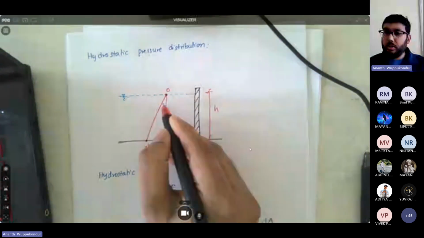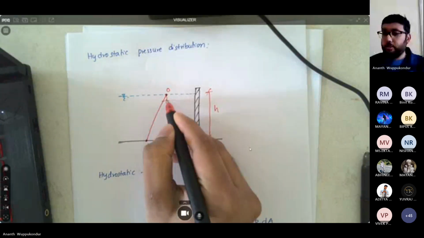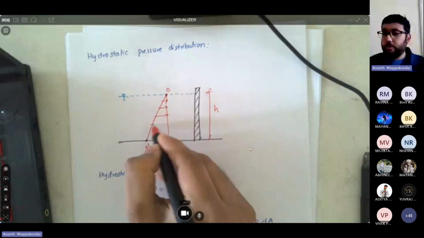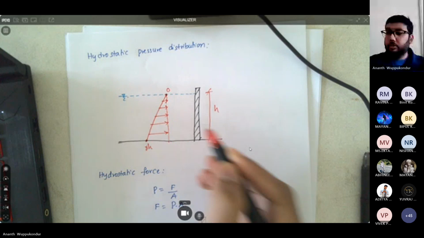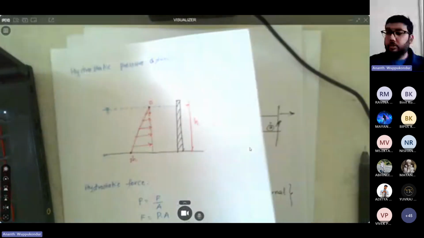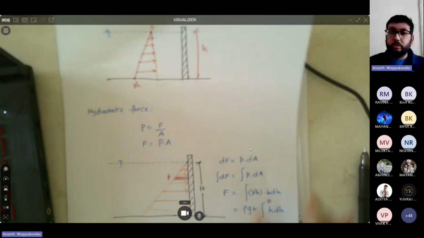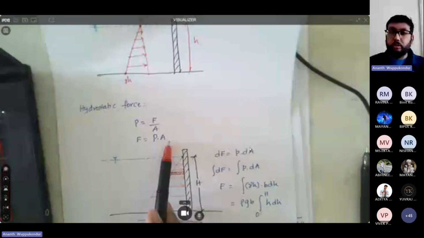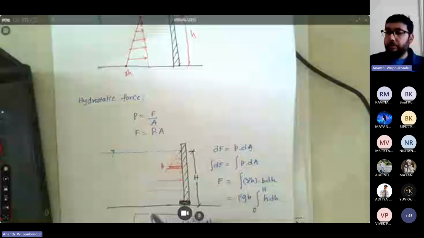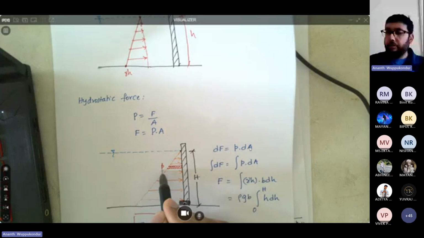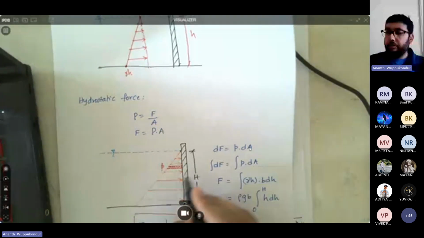Now, what is the hydrostatic force corresponding to this pressure? How do we calculate the hydrostatic force on this vertical gate? We know pressure is force per area, and force simply becomes pressure multiplied by area. So within this hydrostatic pressure distribution, you consider a small elemental area with a small pressure p, which has a height of dh.